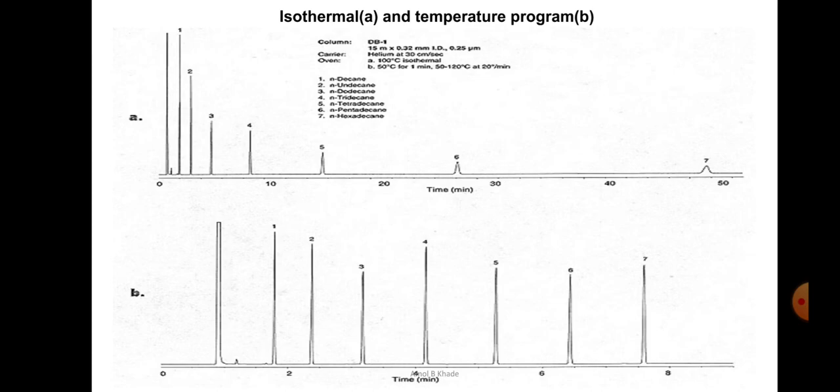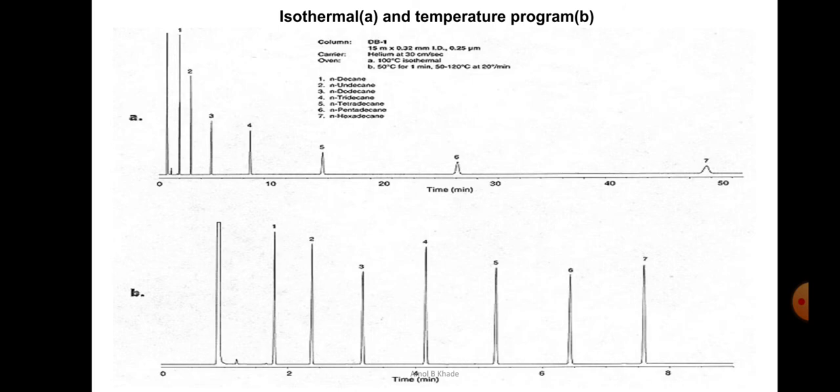In gradient elution, we keep gradually changing the composition, either increasing or decreasing the polarity of the mobile phase. So here you cannot play with the mobile phase. So what we are doing is playing with the temperature conditions in which our column is thermostatted.